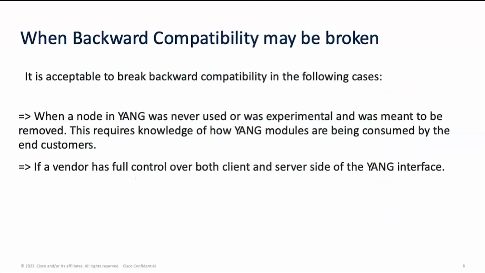In some cases, we might introduce an experimental node in Yang that we're testing with to see, and it's not going to be the final node of the Yang module, but in this case, it is required for the users or consumers of that Yang model to know about this experimental feature.